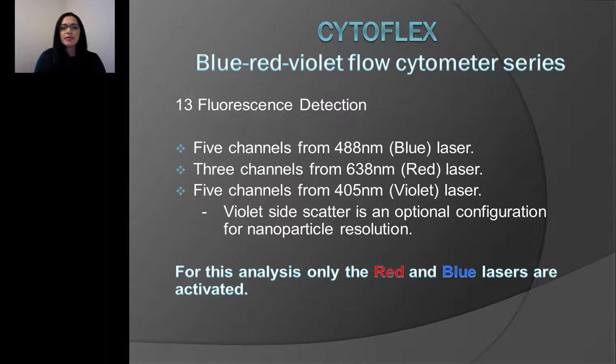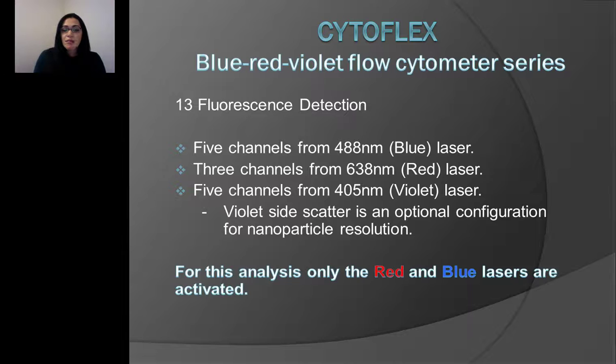Just to give you a little overview about the model that we are using, we have the Cytoflex flow cytometer blue, red, and violet series. That means that it has 3 different lasers: the red laser, the blue laser, and the violet.